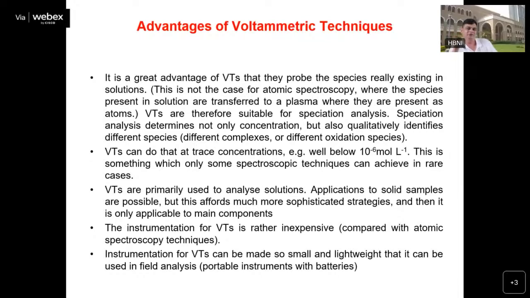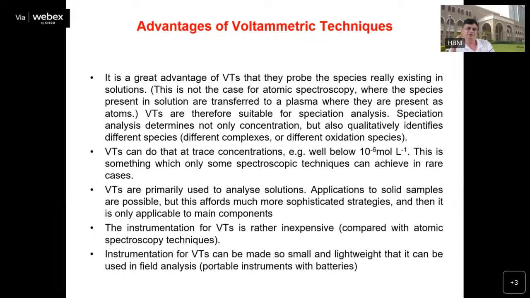Chemical form, not only in terms of valency but also the various kinds of molecules. So this is the only technique by which we can determine the chemical forms of the elements, by using voltammetric techniques. Okay, and generally compared to other techniques, voltammetry is less expensive, and it's also very handy.